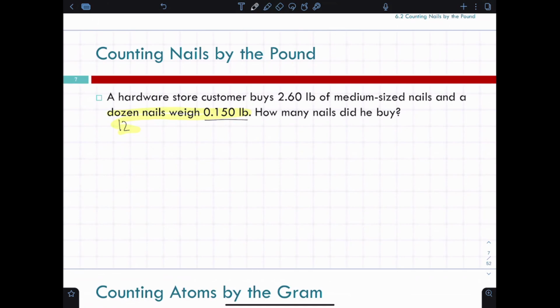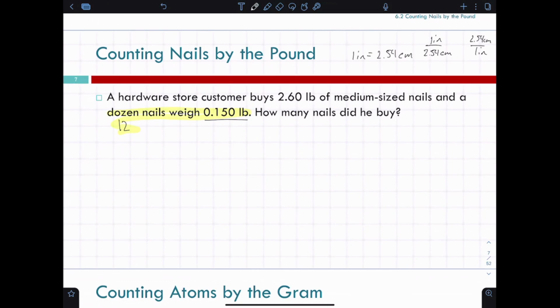So remember our conversion factors from earlier, and this one's not relevant here, but we could say that 1 inch equals 2.54 centimeters. And then we rewrite that as 1 inch over 2.54 centimeters, or 2.54 centimeters over 1 inch.